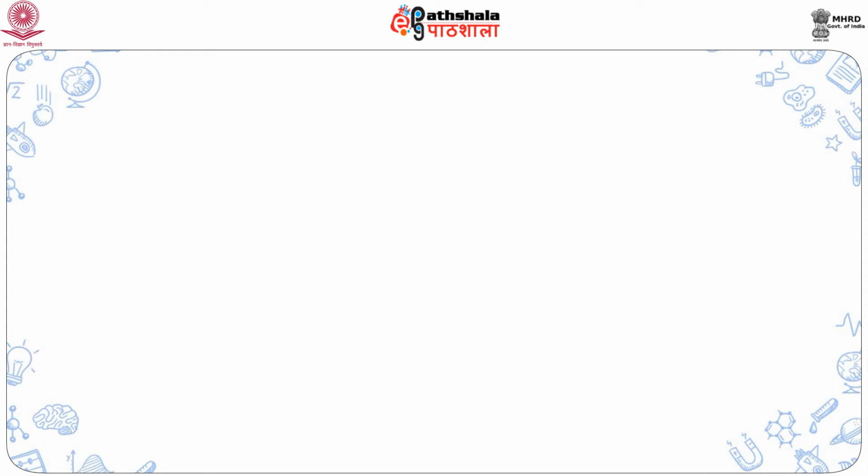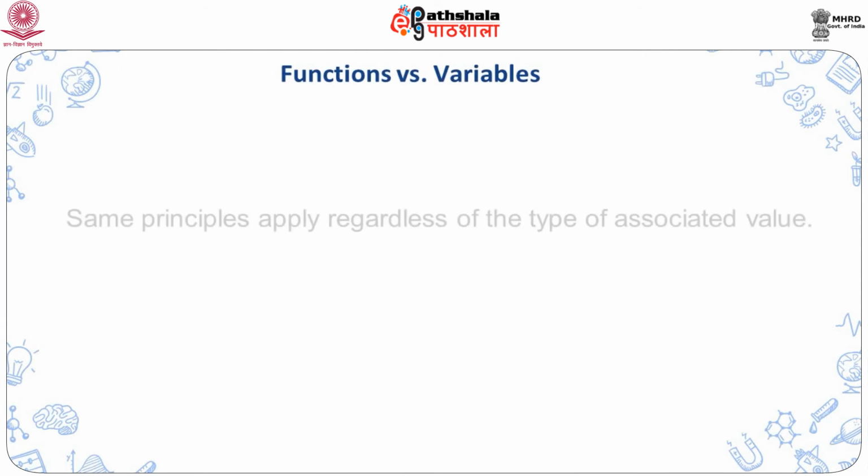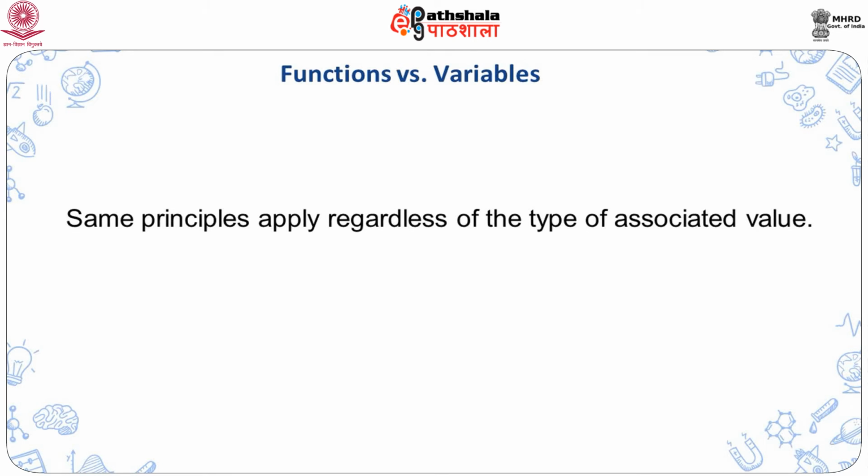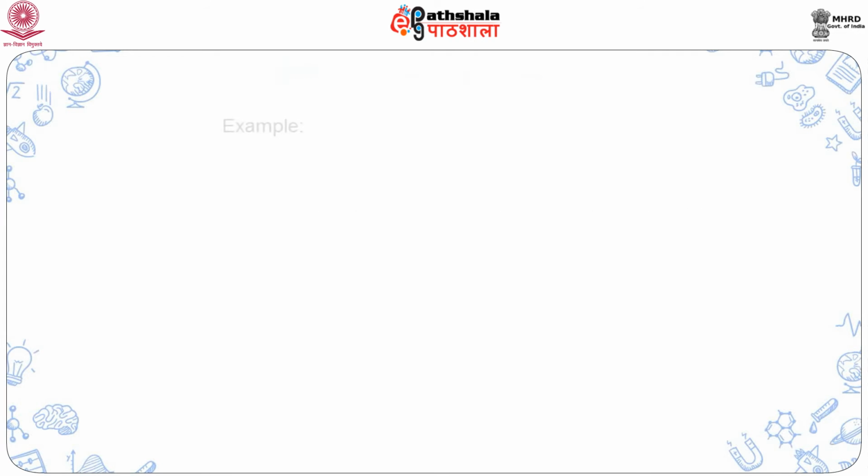Now let's move on to the second part, which is functions versus variables. The same rules apply regardless of the type of associated value. Consider the following example given here in the slide. Here l is a function of x, which is defined as 2x, so it will return twice the value we give.